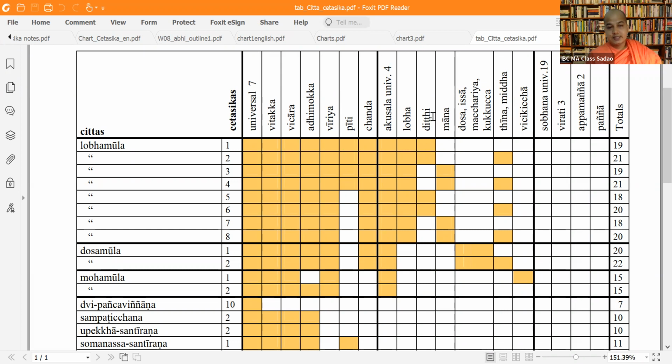And then Ditthi. So here you find Ditthigata Sampayutta Chittas in the Akusala category, right? And where there is no Ditthi, Ditthigata Vippayutta Chittas, it is not present. Mana is present in these 4 Chittas.